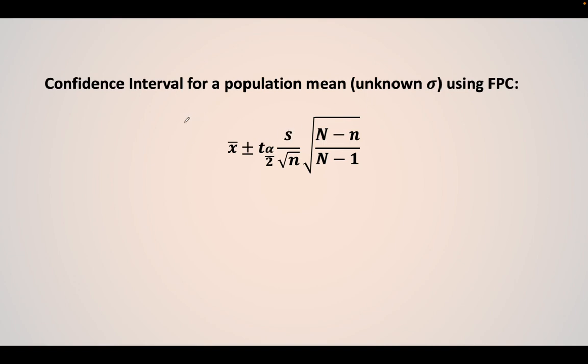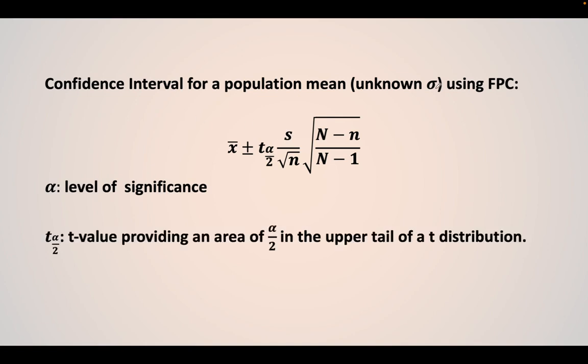And alpha, again, is the level of significance. When sigma is unknown, instead of the standard normal distribution, we are going to work with the t Student distribution, the t distribution. t alpha divided by 2 is a t value from the t distribution, providing an area of alpha divided by 2 in the upper tail.